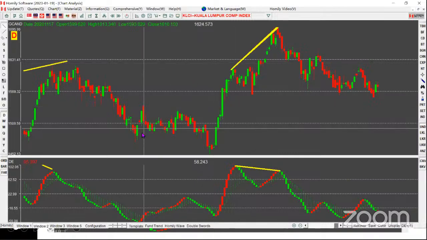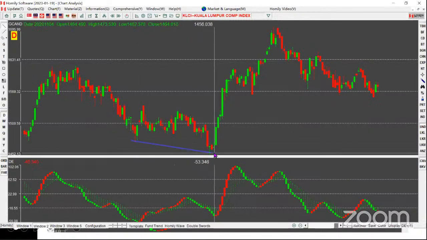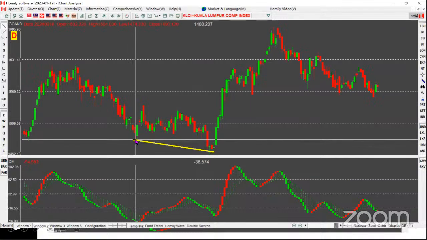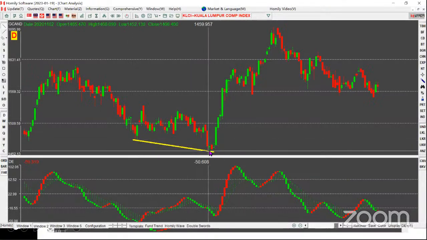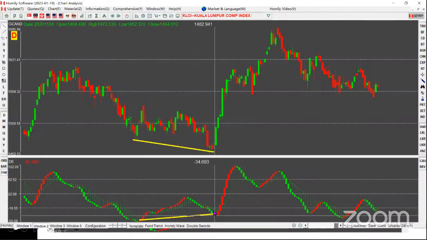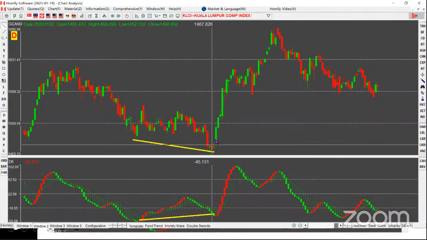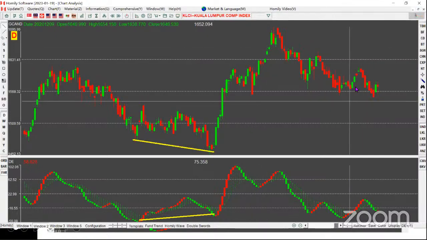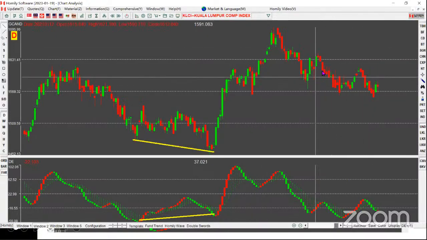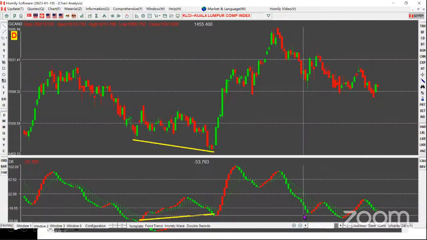How about chance? It will be the same. If you find the price is lower, lower, and lower, but the indicator is higher than the previous bottom, this is called a possible chance. The reason is that maybe the market is not that beautiful.